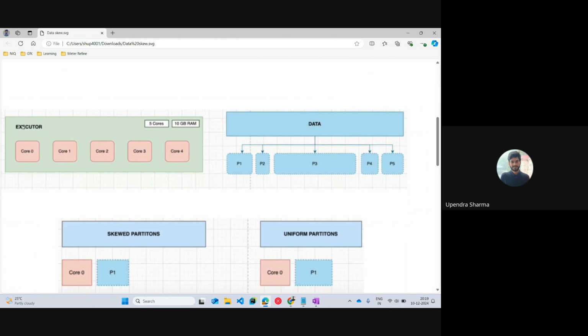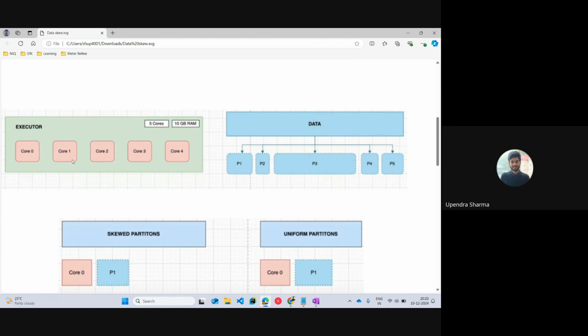Now, how this executor works is that it has a certain number of cores. How many cores we can define, or how much memory we can allocate to each core, is also done through a calculation. Spark has its own guidelines on how we should allocate memory, so maybe we can cover that later.